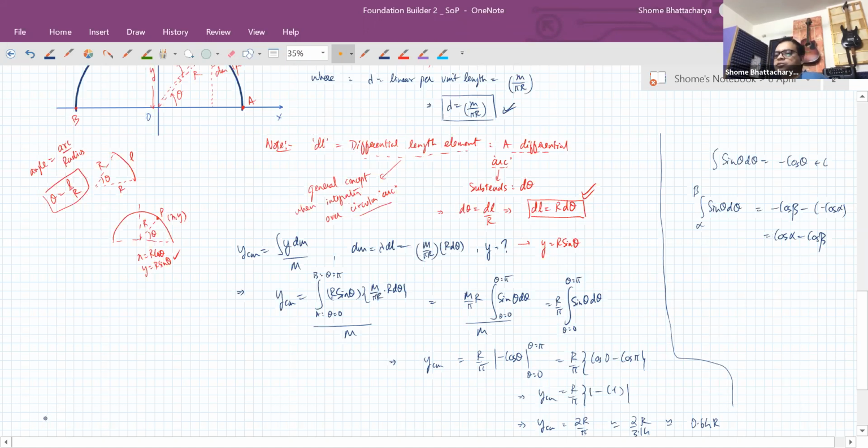Okay. So coming back to this shape, this was my semicircular arc. So if this was the symmetry axis, I've taken this as the origin. So this distance over here from the origin to the center of mass, this distance is 2r by pi, or approximately 0.64 times the radius.